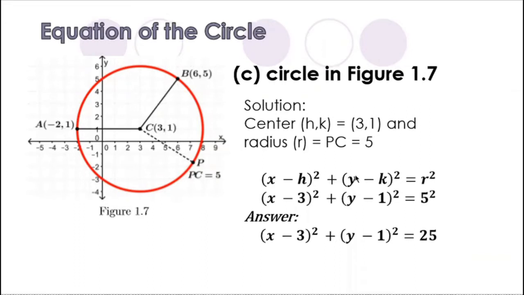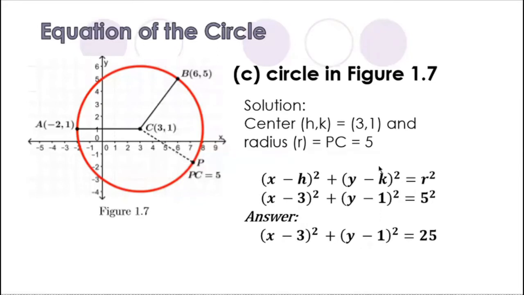Gamitin natin yung standard form of equation x minus h squared plus y minus k squared equals r squared. Substitute the value of h, k. So we have x minus 3 squared plus y minus 1 squared equals 5 squared.